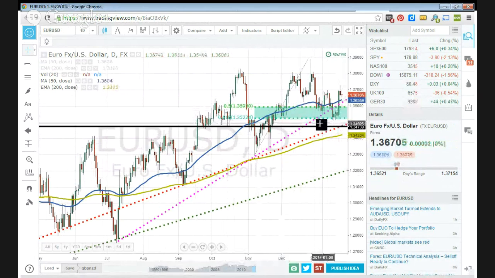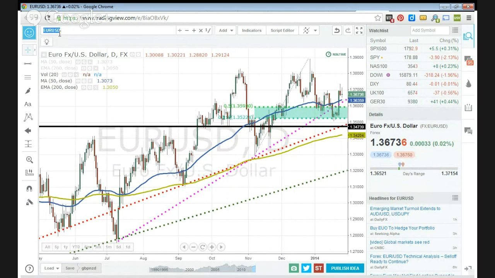I think if it falls back to 135.25, right around here, I might be interested in putting on some long orders. But we'll see. Still have to fall about 150 pips. It looks like the signs are reversing, but we'll see. Okay, so that does it for the euro.